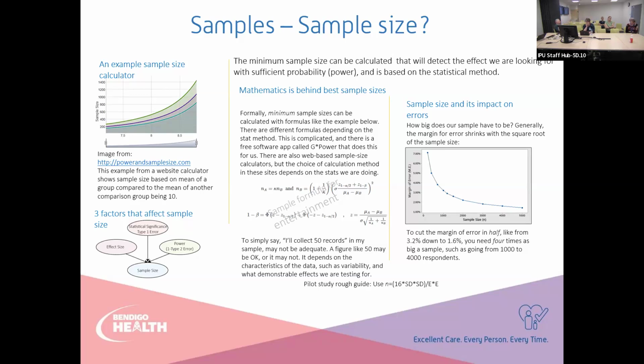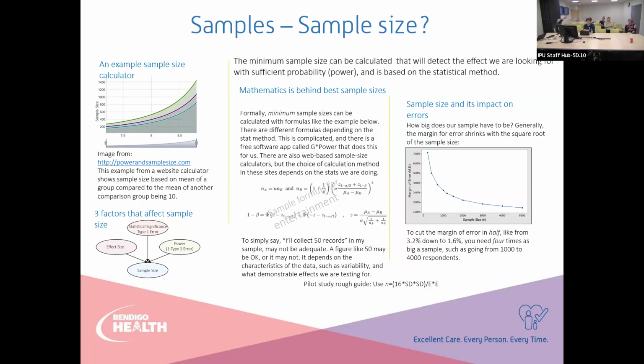There's a free program on the internet called G-Power. G-Power takes those three factors together and calculates the optimum sample size for the statistical test you're doing. As an example, if I'm looking at something where I'll do an intervention and I know that the intervention will change whatever I'm measuring only a little bit, I need a large sample size to have the sensitivity to detect a small change.